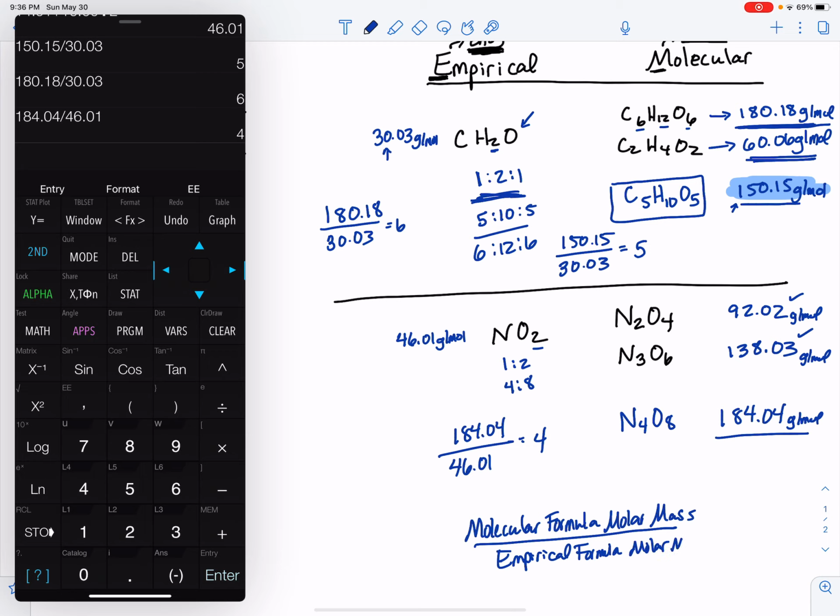And you probably will have to calculate this because you probably will just be given the empirical formula. You won't be given this and this. You only really have to be given this because you can always add up the atoms and you can get the empirical formula's molar mass. And what that will tell you is what to multiply the subscripts by.